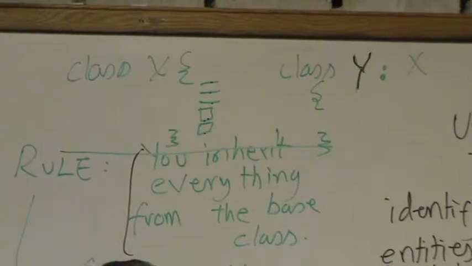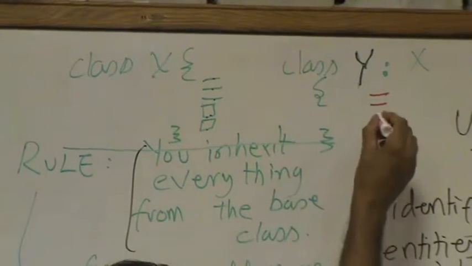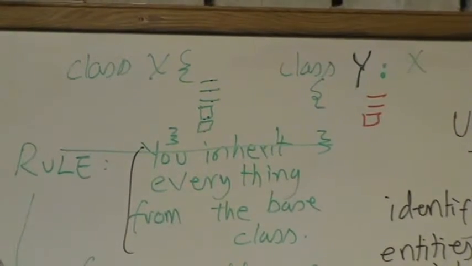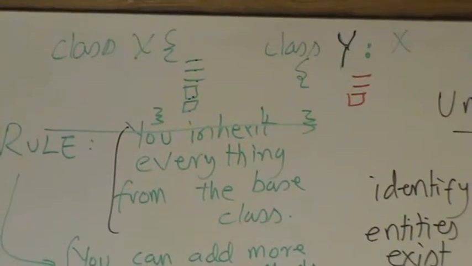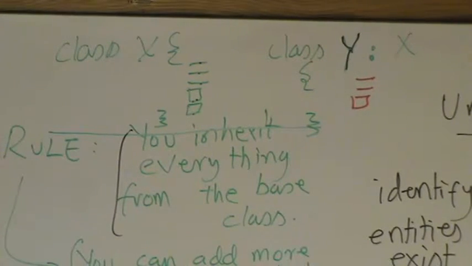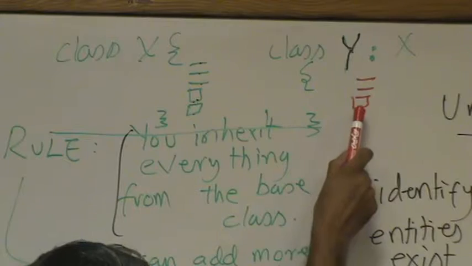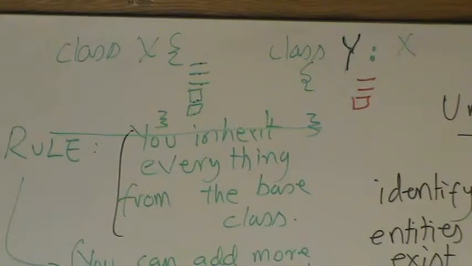For example, if I put 1 more method over here, how many total fields and methods do I have in class Y as of now? 3 fields and 3 methods. 2 are being inherited, 1 we added extra. That's perfectly okay. Not just C#, Java and C++, all languages that follow object-oriented programming, these rules are universal.